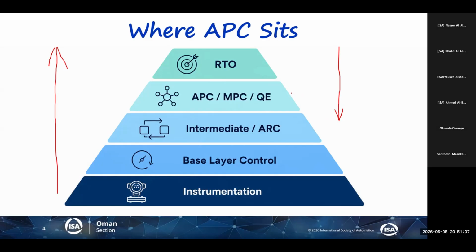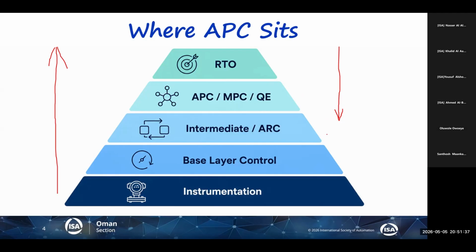Advanced process control practitioners, they don't like seconds. We don't talk in seconds. They talk in minutes. So the execution is 1 minute, maybe half a minute, maybe a quarter of a minute, or more than a minute, but not seconds. Over here, real-time optimization, they even talk about hours. They don't like the minutes. They talk about hours.